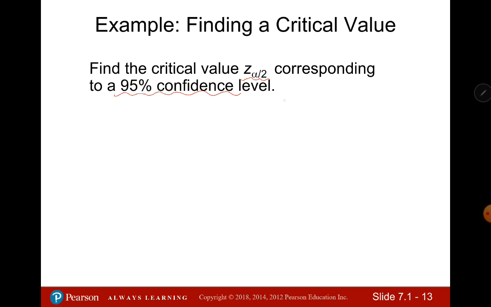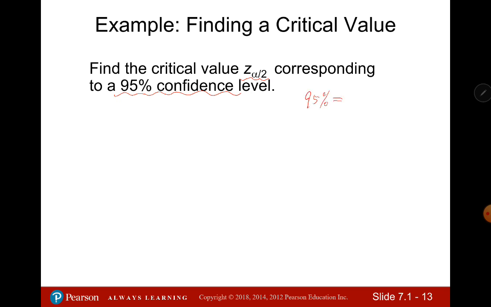If we know the alpha value, then we can find z sub half alpha. So how can we get the alpha value? The question doesn't show you the alpha value directly, so we need to check the condition we have. We have this sentence: 95% confidence level.